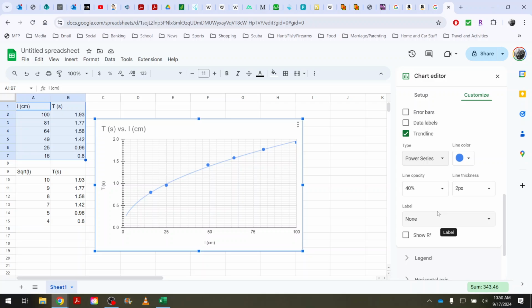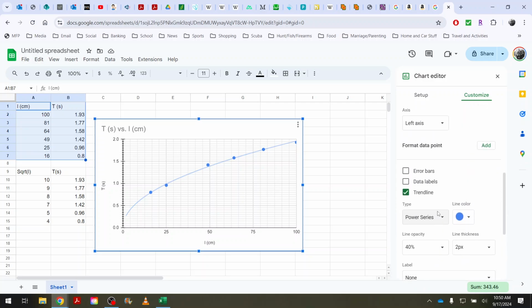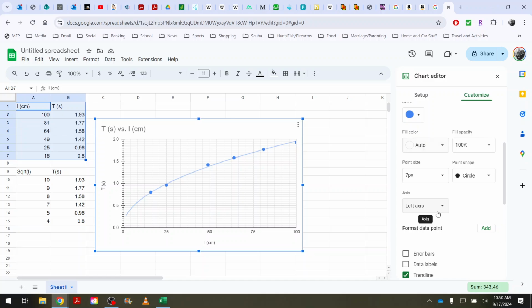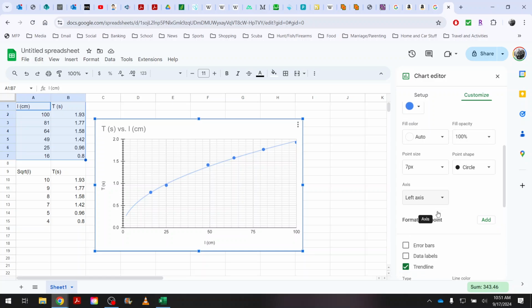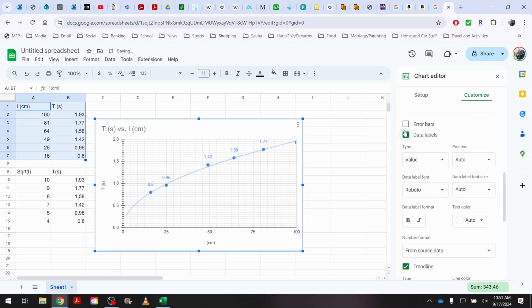Now to actually get the equation under label, where's the label? I've got the series. Where is it? In the trend line options, choose the trend line to fit the data. Under label. Oh yeah, is it data labels?